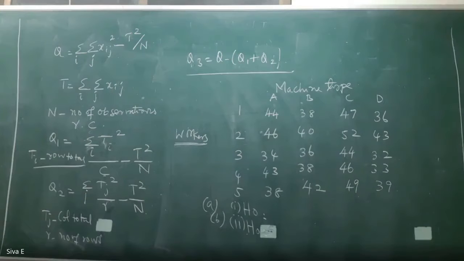The 5 workers do not differ significantly, and the 4 machines also do not differ significantly with respect to mean productivity.